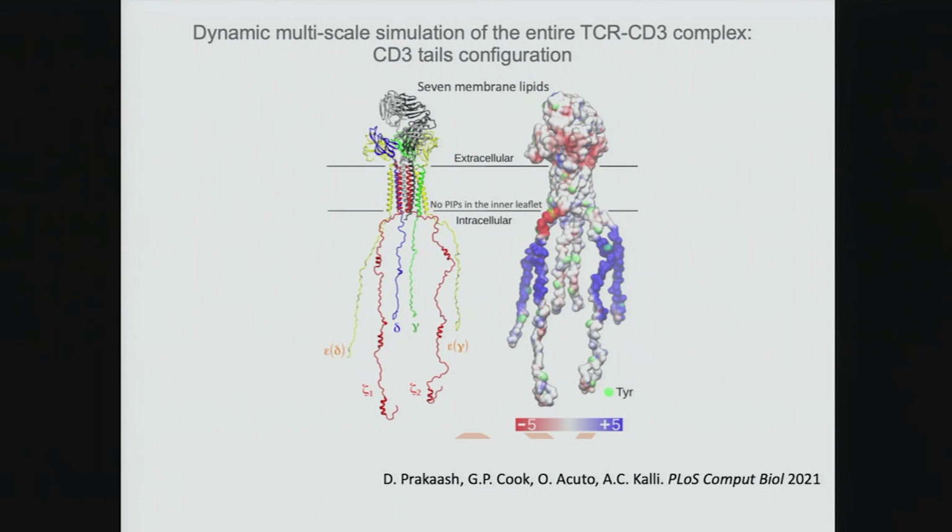So this is what looks a bit more realistic. This is a molecular dynamic simulation done in collaboration with Prakash, with Diraj, and Kali. These days, with appropriate people, you can model your receptor. This is a quaternary structure coming from the cryo-EM. And then you can insert it in a bilayer, and this is an asymmetric bilayer.